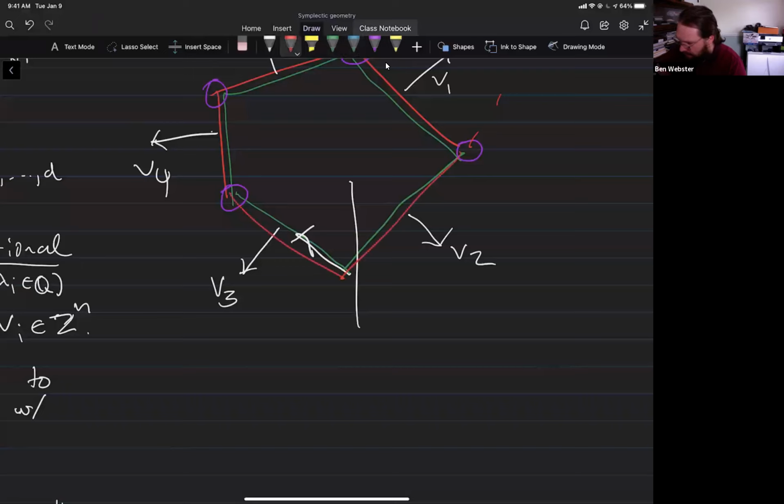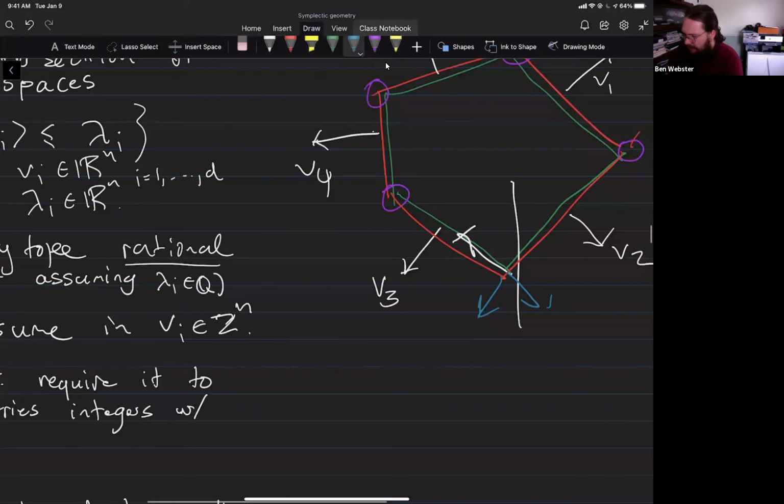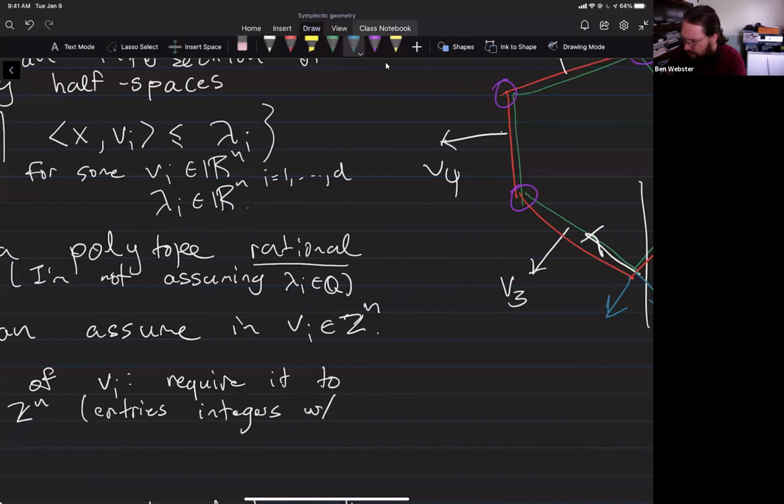Look at the two normal vectors and ask whether those, in this case, are a basis of Z2. And I'll note here, right, because I am not assuming that my lambdas are in Q. So being a Delzant polytope, it's purely a property of what neighborhoods around individual vertices look like.